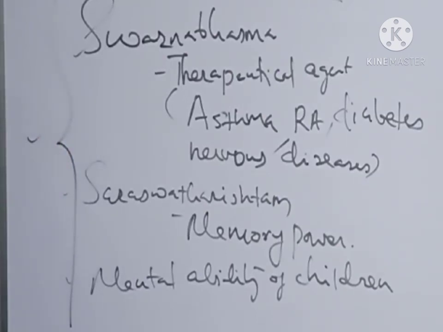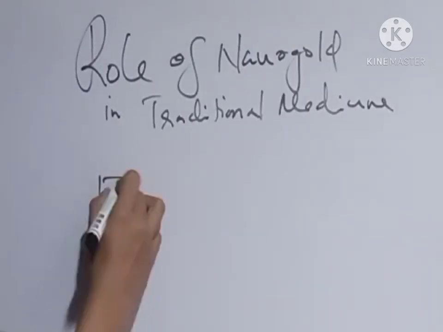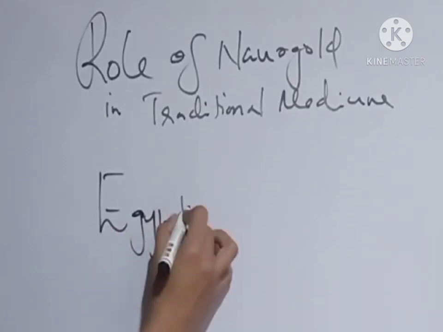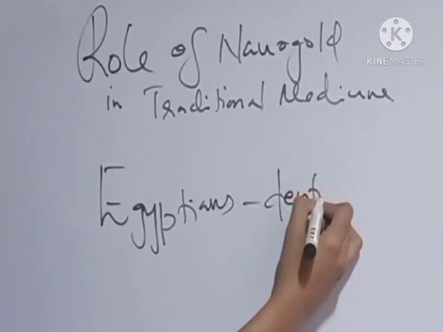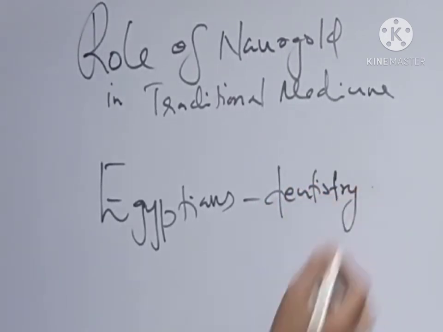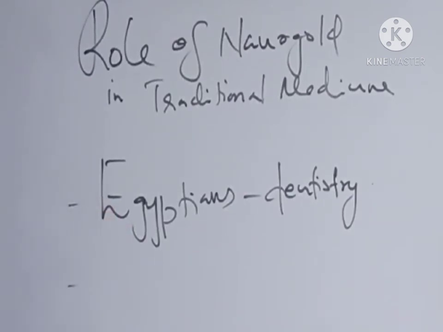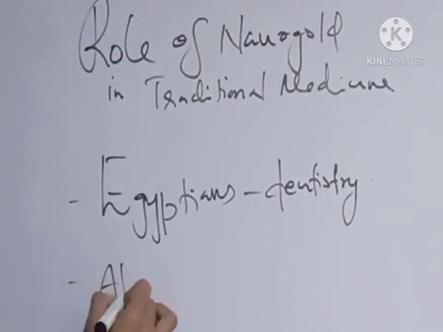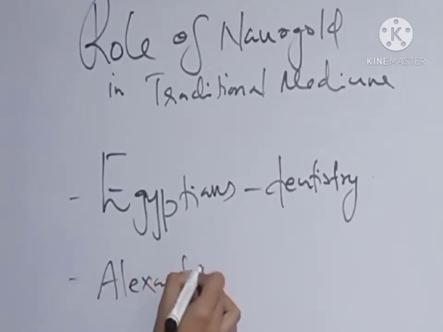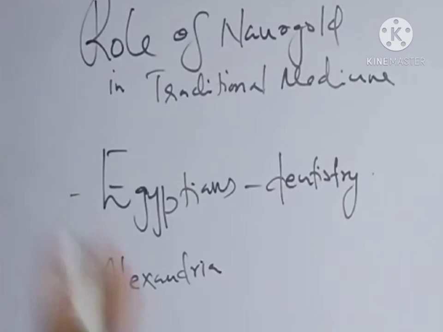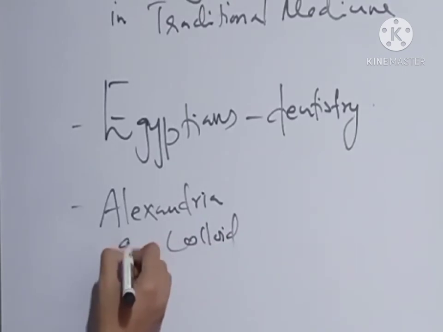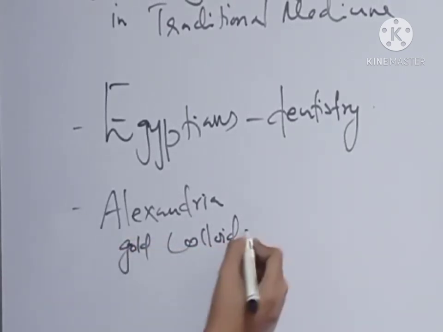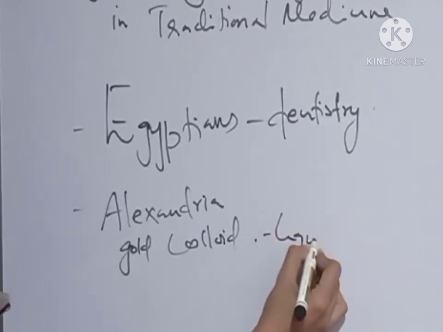If we talk about the applications of gold nanoparticles other than in India, Egyptians used gold nanoparticles in dentistry, and in Alexandria, alchemists developed a gold colloid and called it liquid gold.